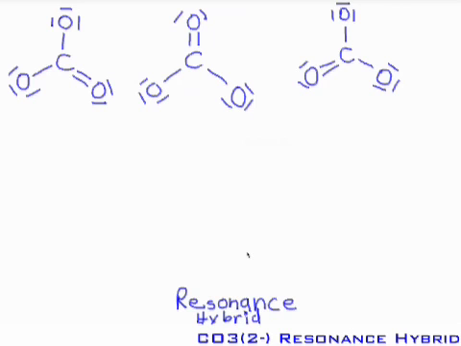Now, the resonance hybrid, we said, had carbon-oxygen bonds that were all equal length. In fact, the bond length was somewhere in between that of a double bond and a single bond. It was 33% shorter than a single bond, which suggested there's some double bond character.